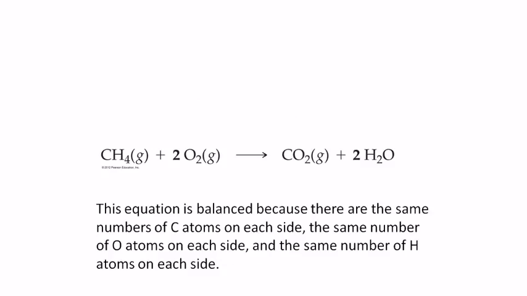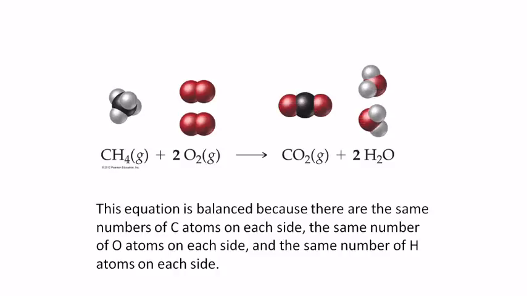If we change the stoichiometric coefficient in front of the O2 from a 1 to a 2, and change the stoichiometric coefficient in front of the H2O from a 1 to a 2, now we can see visually, now we're talking. Let's check everything.